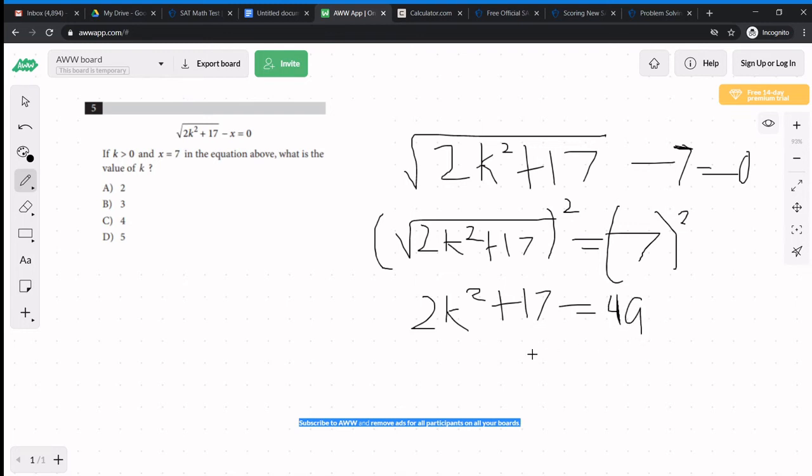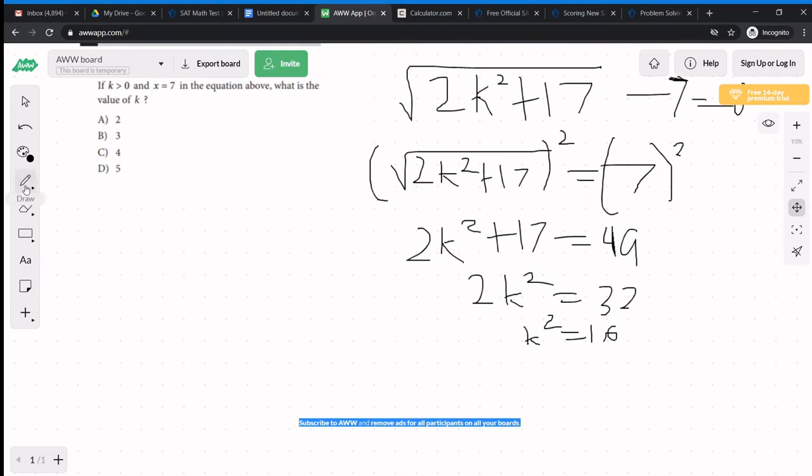It's 49. Now we're going to subtract 17 from both sides, and we get 32 divided by 2, k squared equals 16, and we get k equals 4.